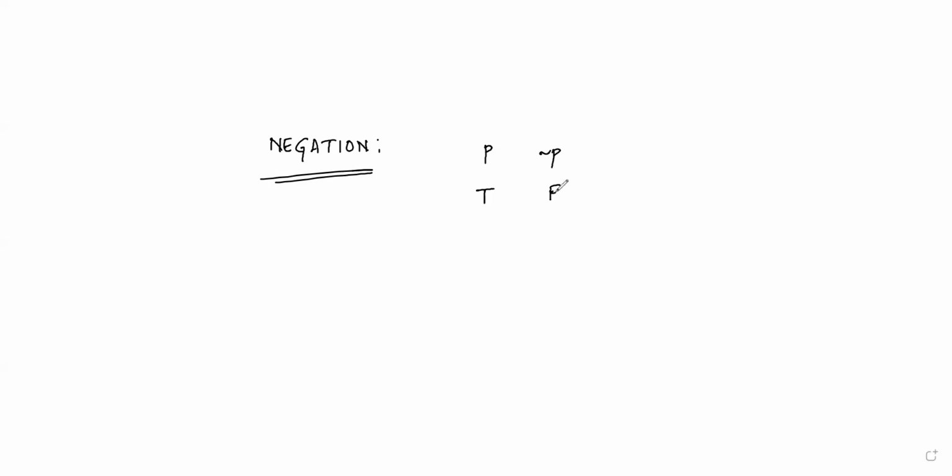For example, say you are not having time to prepare. The negation of that statement would be you are having time to prepare, right? So let us say the statement is false. Then the negation of that statement will be true. So this is nothing but the truth table for negation. Clear?